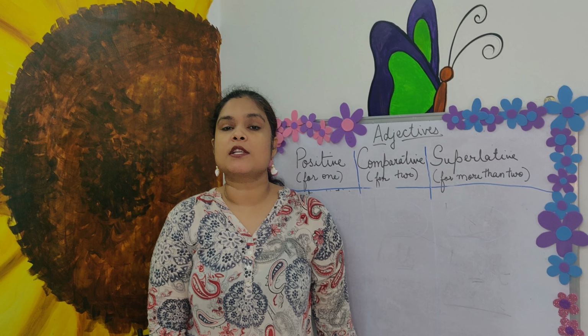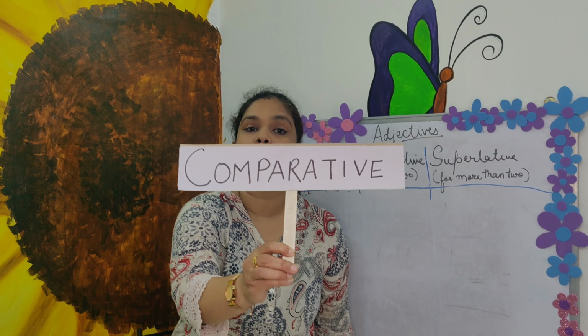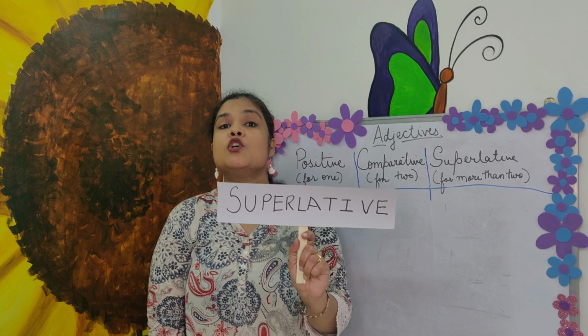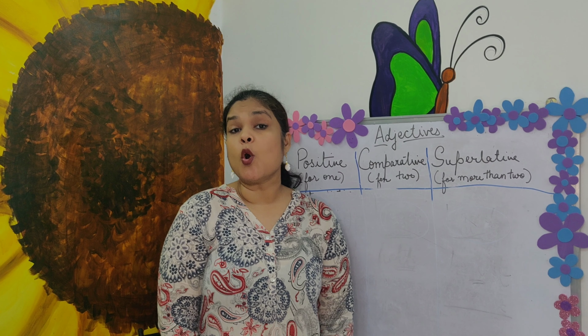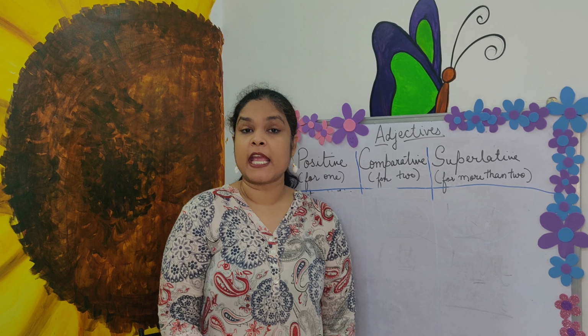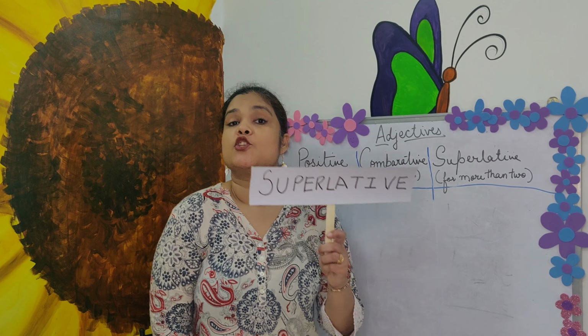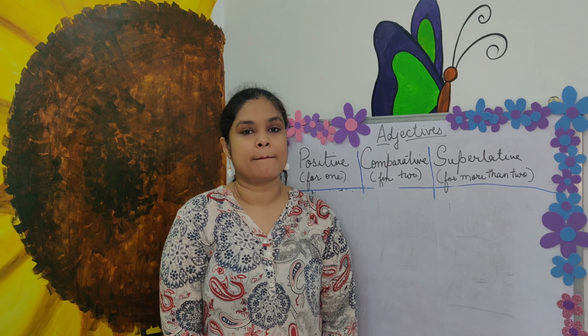Important. More important is the comparative degree and most important is the superlative degree. Noble is the positive degree. Nobler is the comparative degree and noblest is its superlative form.